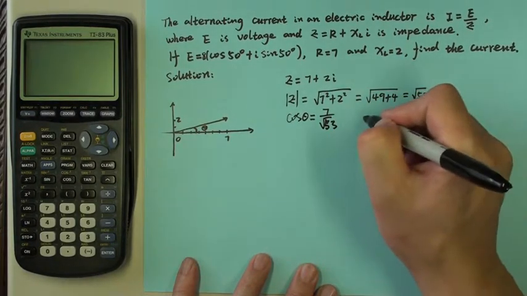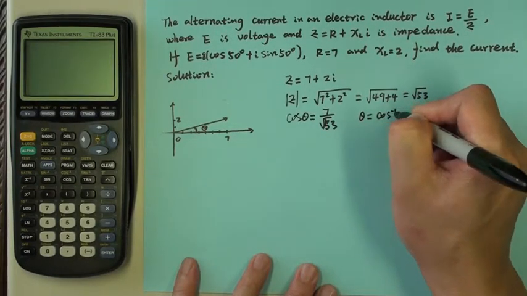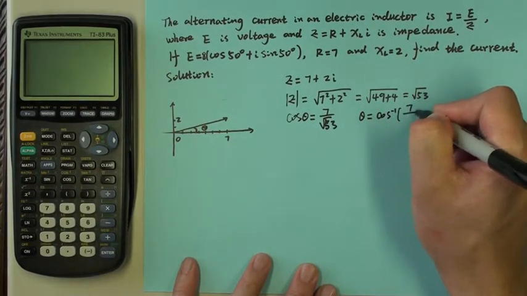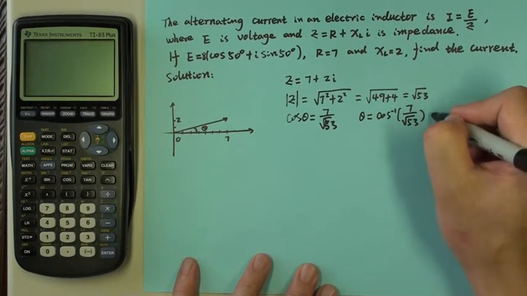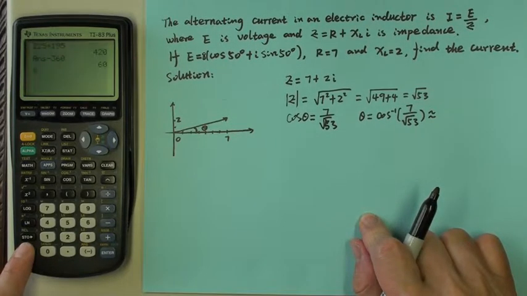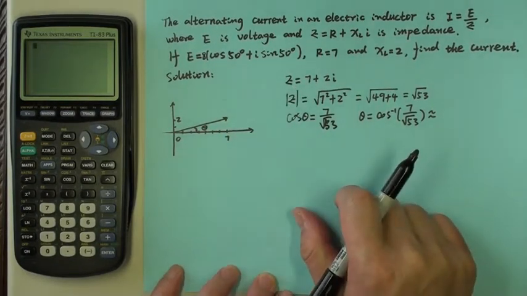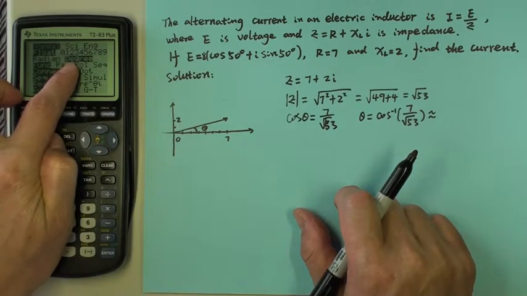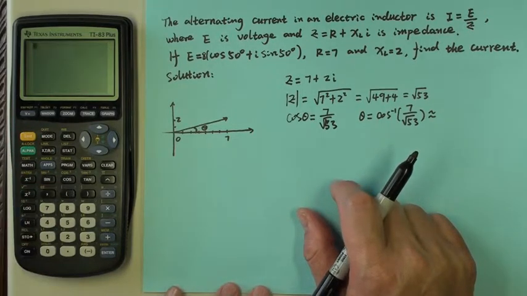Then theta is cosine inverse of 7 over radical 53. Approximately how big is that? The calculator can figure it out. Here we are in degrees, so you want to make sure our calculator is in degree mode.